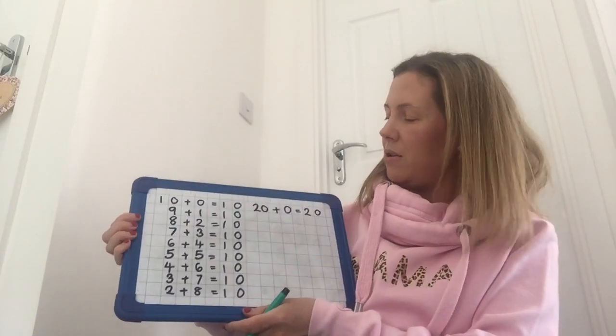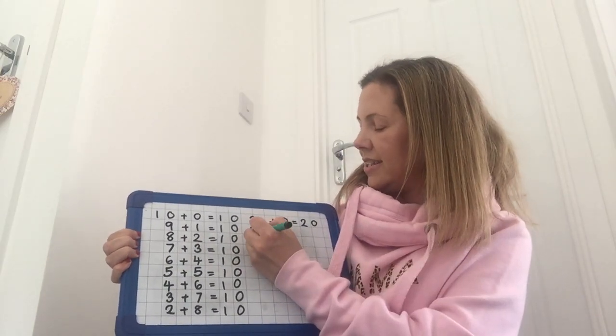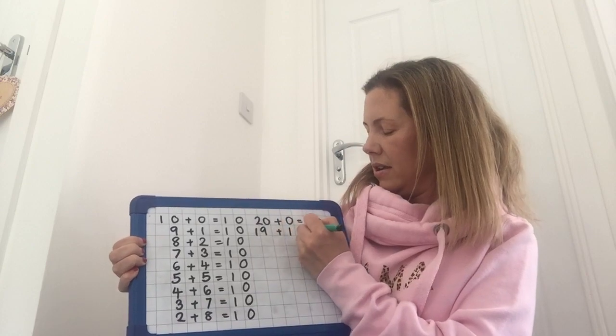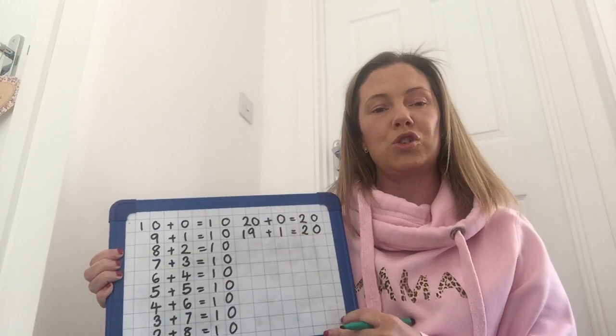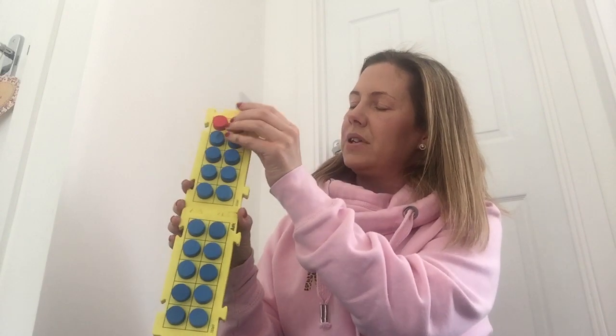So because we know that 9 add 1 equals 10, we know that 19 add 1 equals 20.